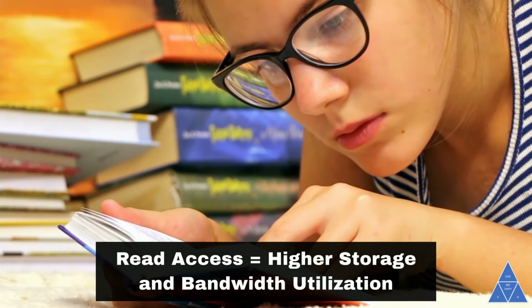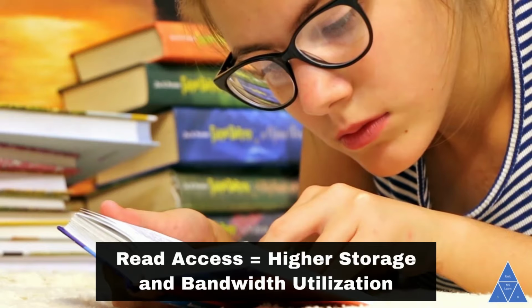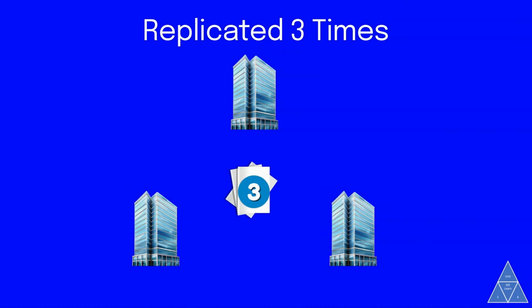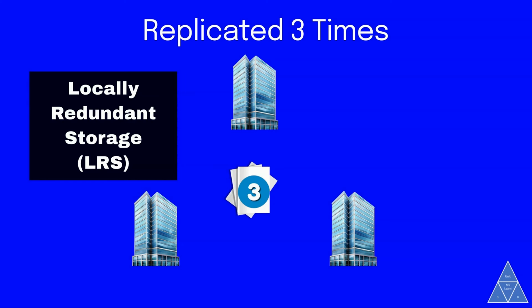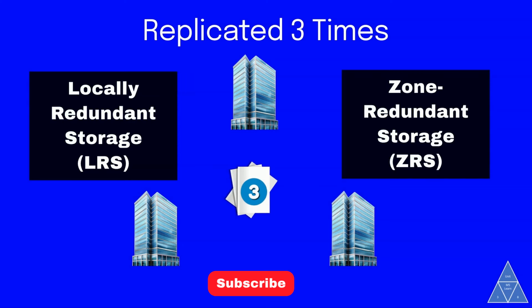Read access uses more storage and network bandwidth. Data located in the Azure Storage Account is consistently replicated 3 times in the primary region. Azure Storage offers 2 options for replicating data in the primary region: locally redundant storage, LRS, and zone-redundant storage, ZRS.